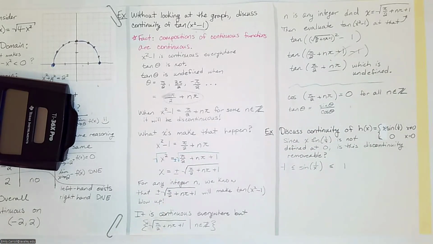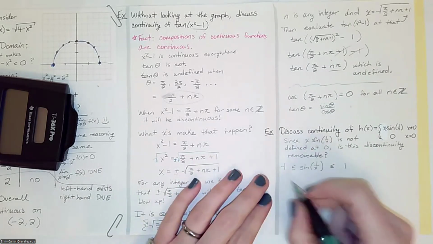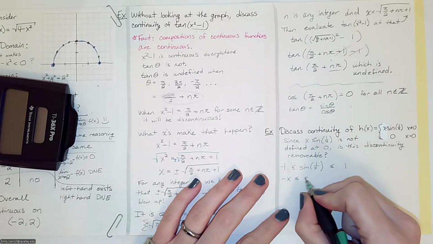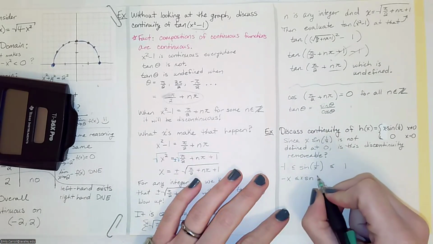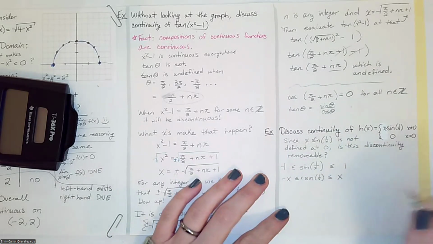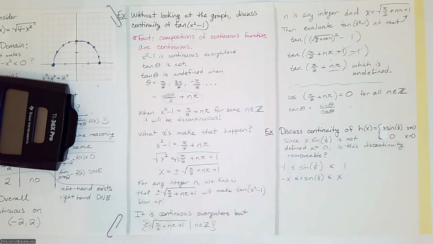So now let me go through and multiply everything by x. Okay, so we have an inequality here. Now let's take the limit as x goes to 0 of all of those things.